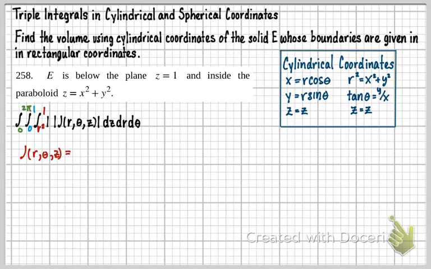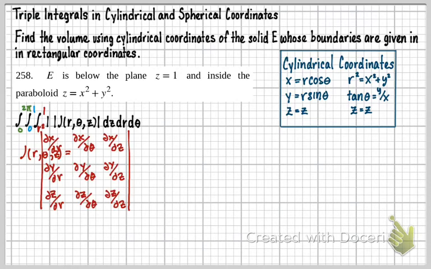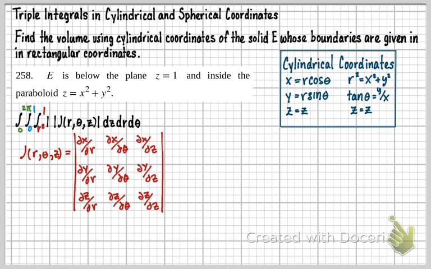So then the Jacobian, r theta z, is going to be this here, dx dr, dx d theta, dx dz. And when we run through all of these partial derivatives with our transformation here, for the first one, dx dr is going to be just cosine theta, because the derivative of r cos theta is cos theta.